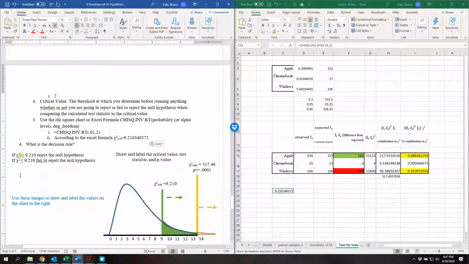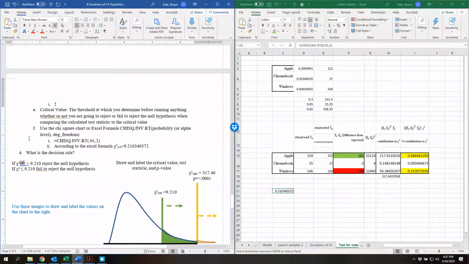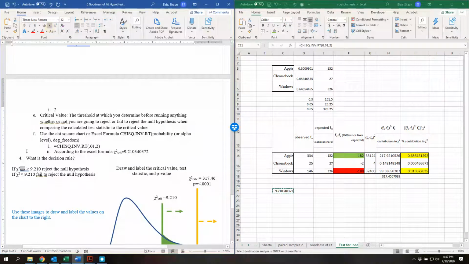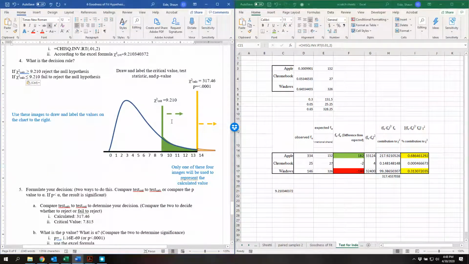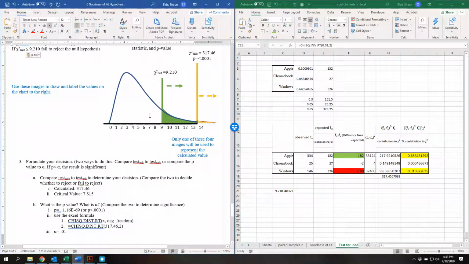If chi-squared calc, and I'm going to put this down here, is greater than 9.210, then we're going to reject the null hypothesis. If chi-squared calc is less than or equal to 9.210, we're going to fail to reject the null hypothesis. And so we've got that right here.